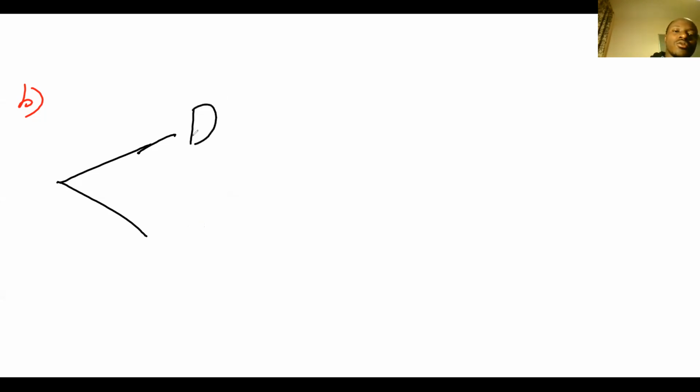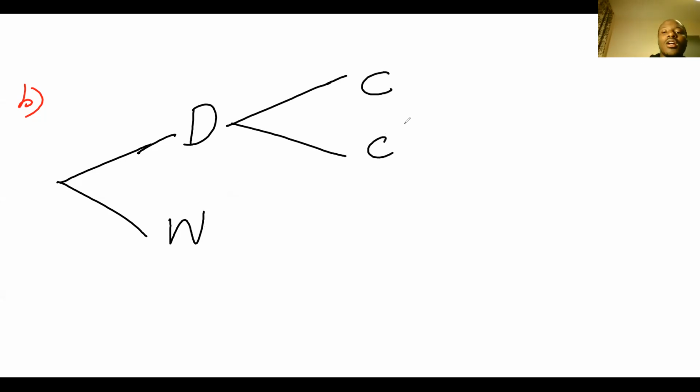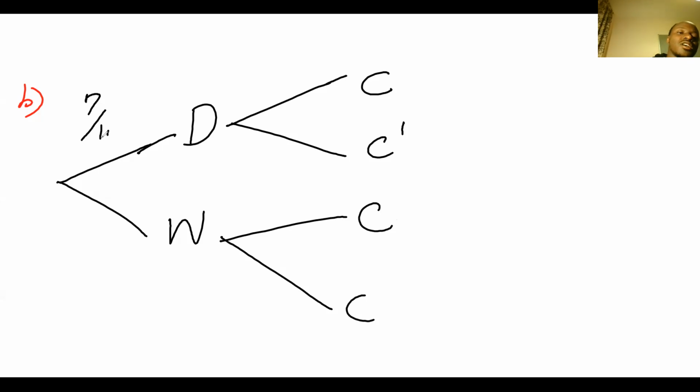Because this is a question where you've already been given the values. Then during dry weather, the rally driver can complete the race or can not complete the race. Wet weather still can complete or not complete. So we've been given here as 7 over 10. It's the other one.